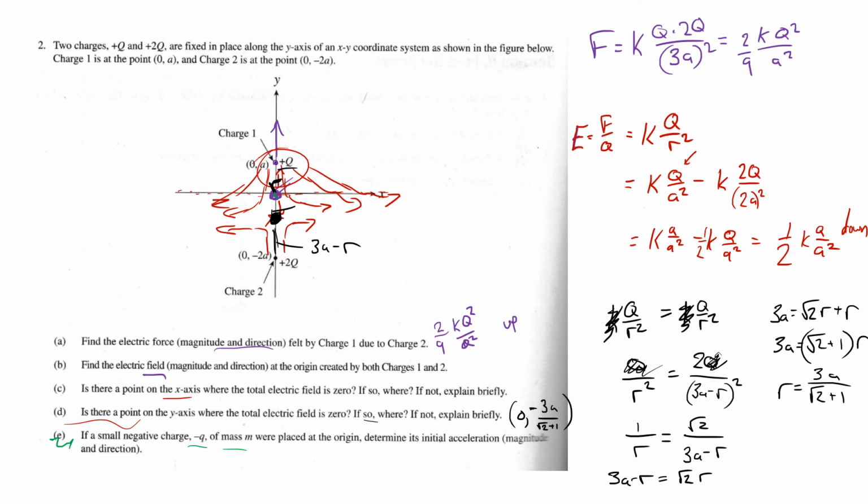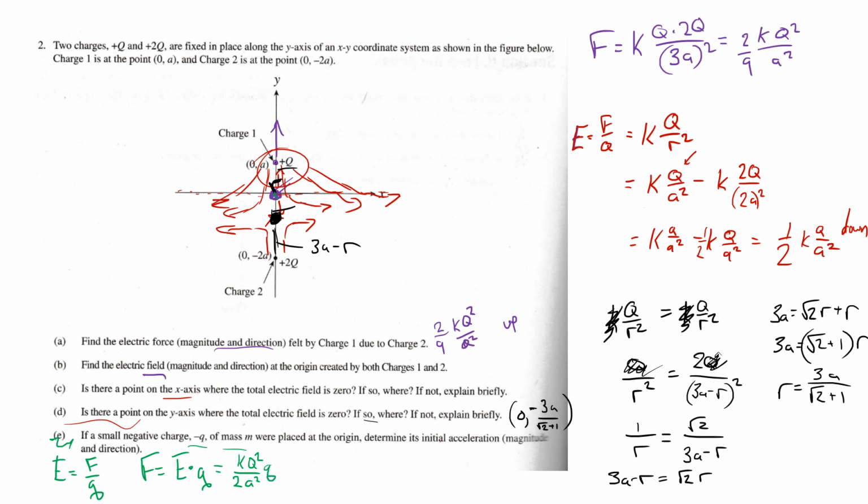You've got to remember your electric field is equal to your force per charge. So we're going to solve for force. That means your force is equal to your electric field times q. Your electric field was 1/2 kq over a squared. I'm going to clean it up a little bit: kq squared over 2a squared, times q, which is just going to be the little q right there.